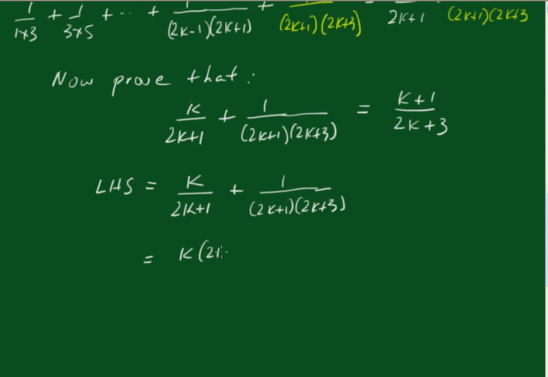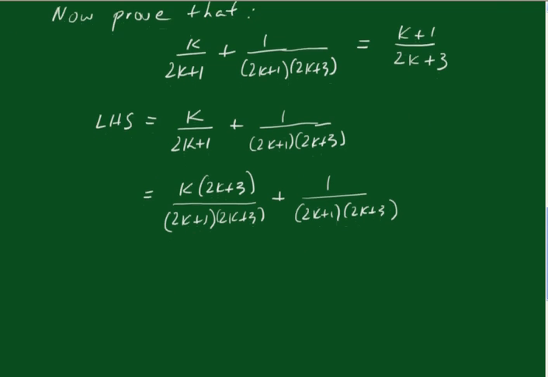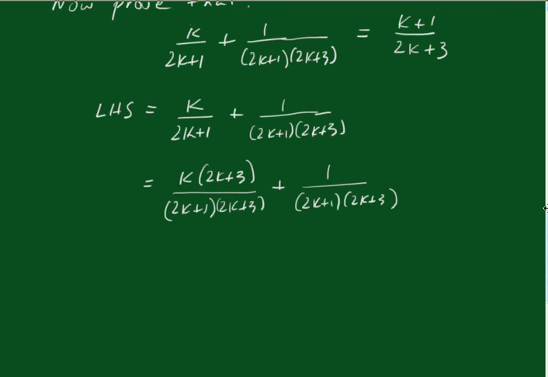That becomes 2k plus 3, this becomes k(2k plus 3), plus 1 over (2k plus 1)(2k plus 3).